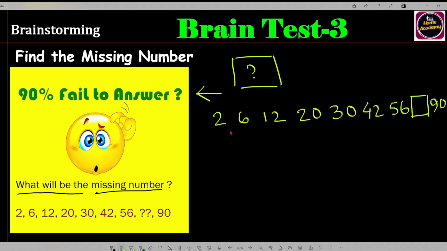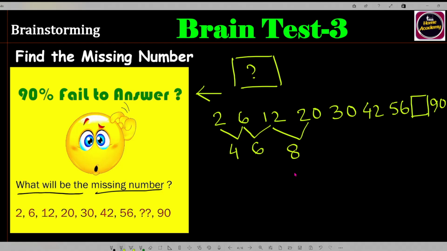Now let's think. 2 and 6, the difference is 4, okay? Then 6 and 12, the difference is what? 6 and 12, the difference is 6. Then 20 minus 12 is 8.